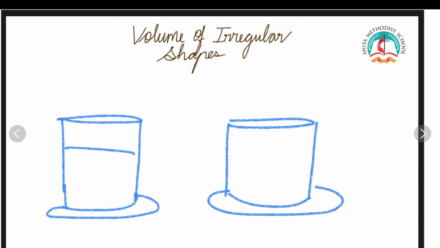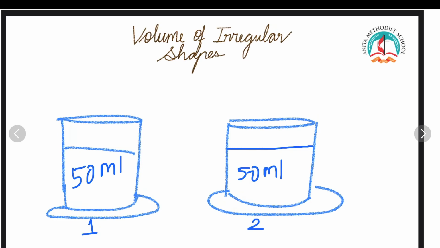Let us take two cylinders filled with water at the same level. For example, 50 ml of water is taken in the first cylinder and 50 ml of water is taken in the second cylinder. If we drop an irregular object, what will happen?